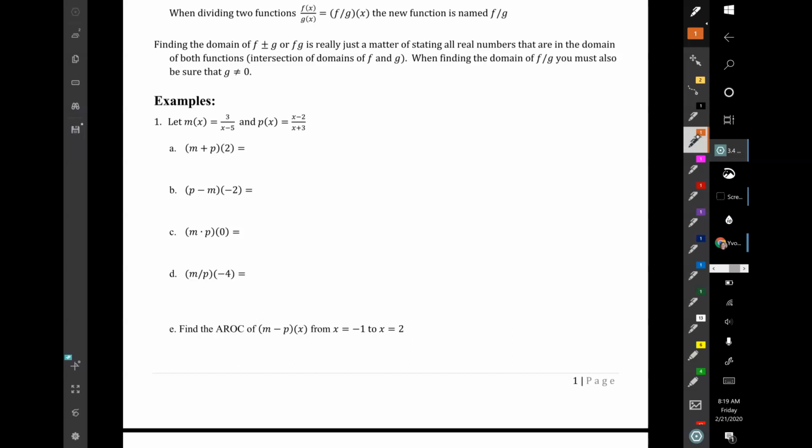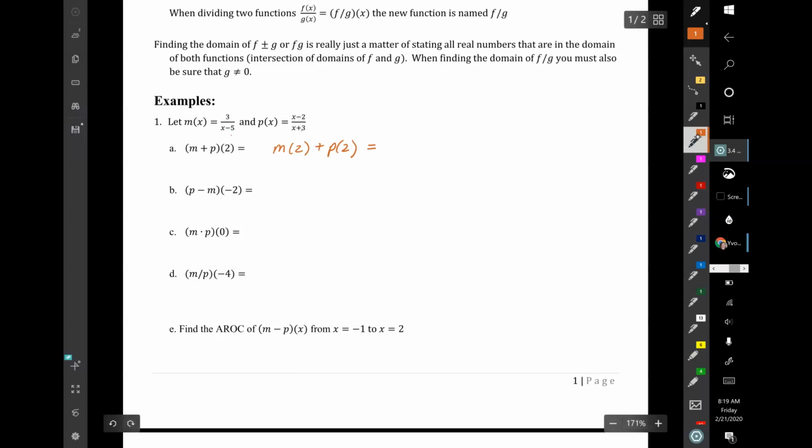So we can split this apart and write it as m of 2 plus p of 2. Then we're going to plug the 2 into the m function and then the 2 into the p function. So that I'm sure you can do on your own. So go ahead and pause the video, crunch the numbers, try to do it without a calculator and get that fraction refresher going.